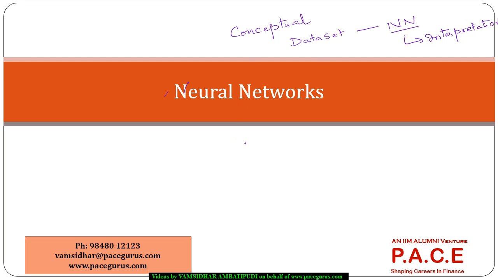But let me tell you with a word of caution in the beginning itself that neural networks is a very complicated, complex kind of topic, and it is based on various mathematical transformations. So the conceptual aspect of it in general is very heavy in case you don't have a proper background in mathematics.